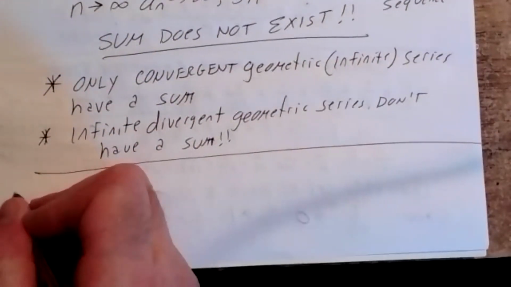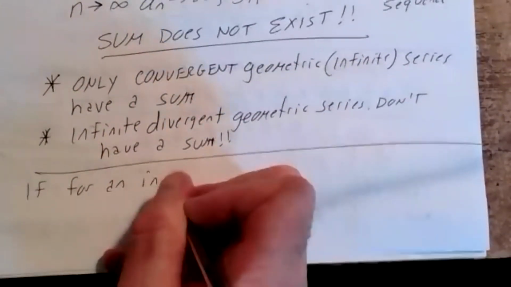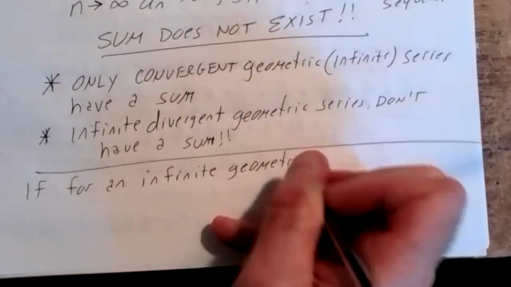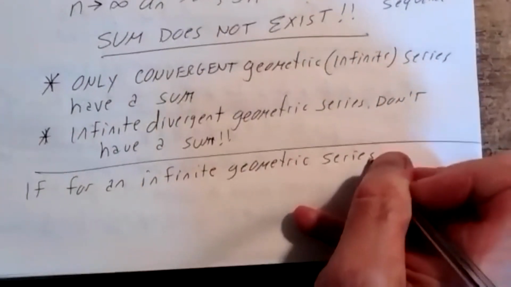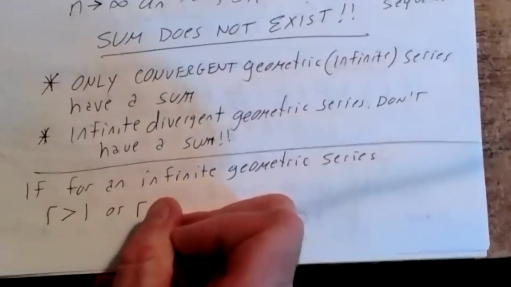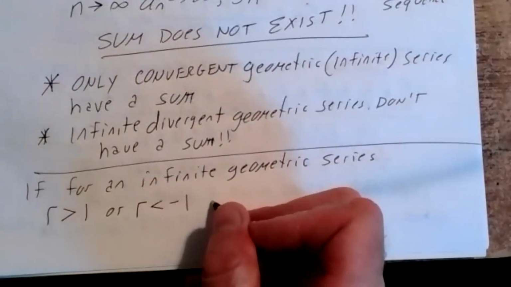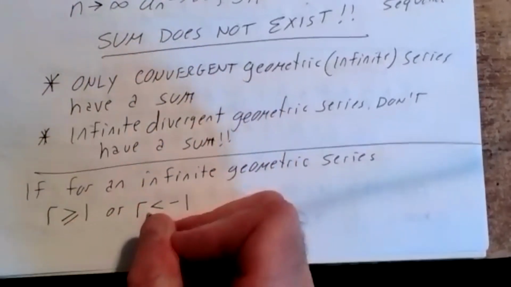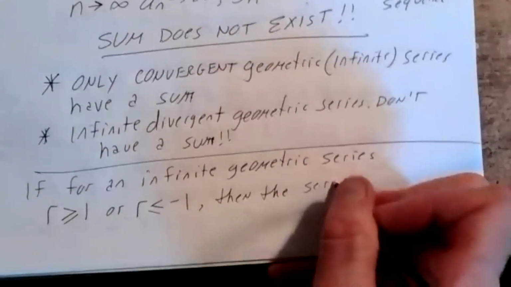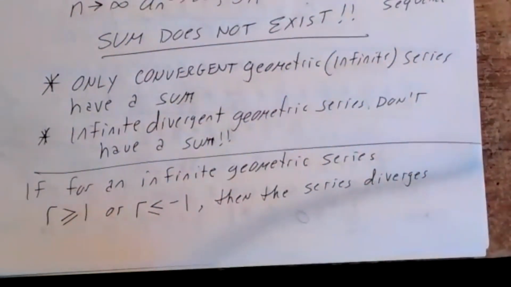Now, there's another very important fact. If, for an infinite geometric series, the common ratio r is greater than or equal to 1, or less than or equal to -1, then the series diverges and hence would not have a sum.